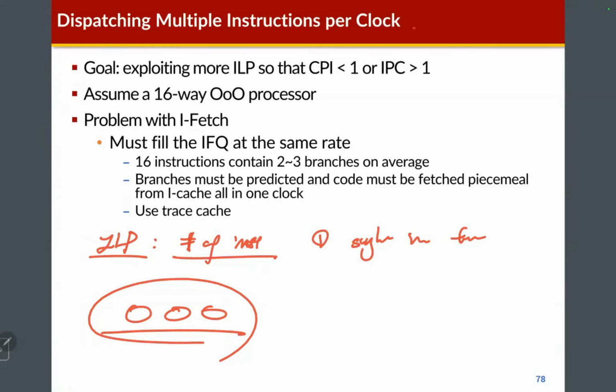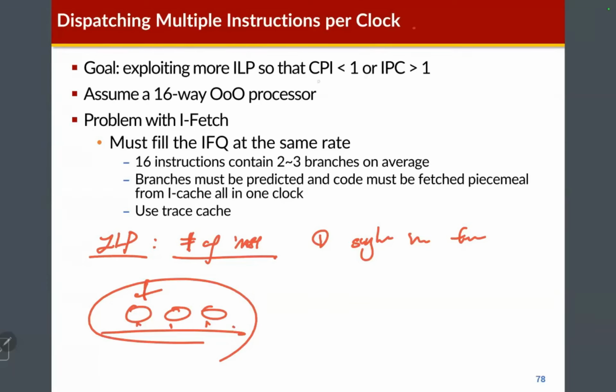So what is the possible idea? We can fetch multiple instructions per clock, which means that we can exploit the multiple execution units, and then these multiple execution units can execute multiple instructions per clock. This is the superscalar idea.